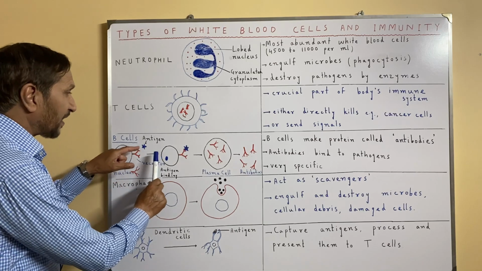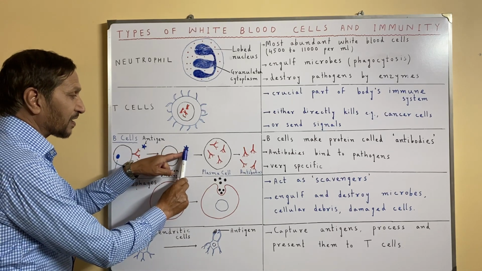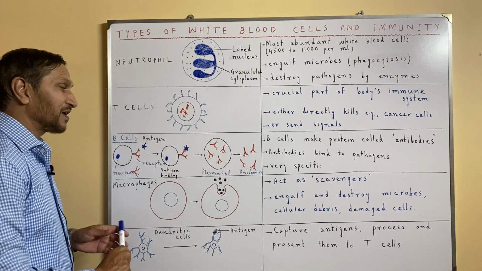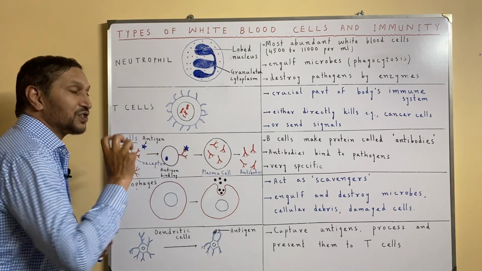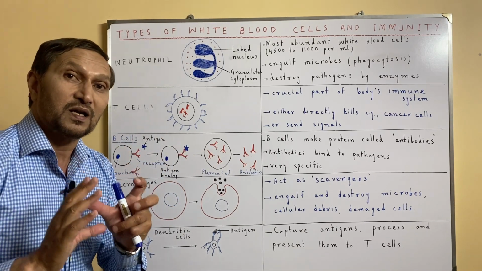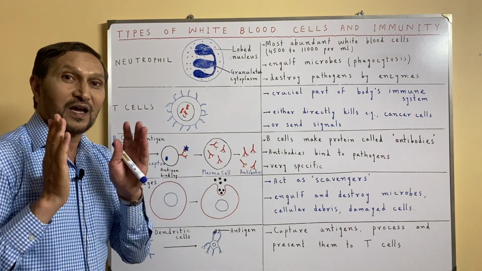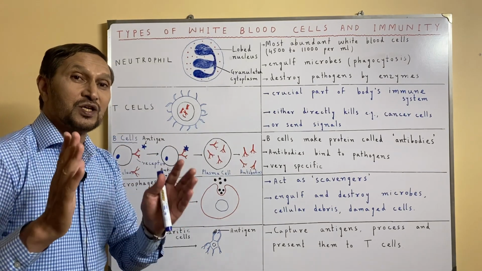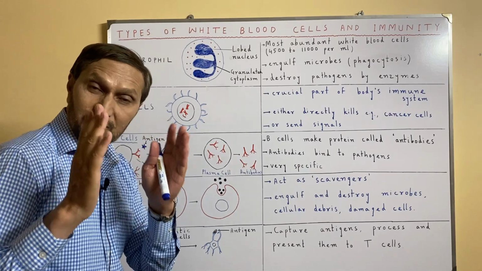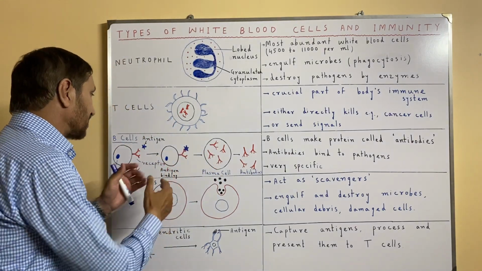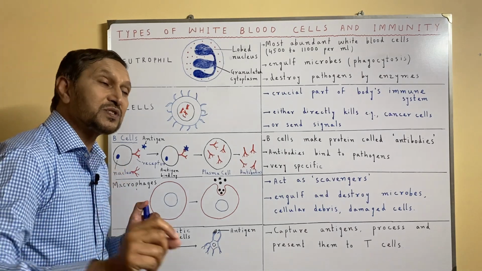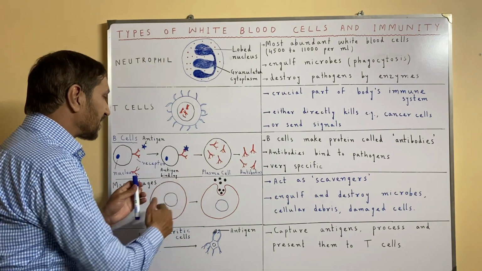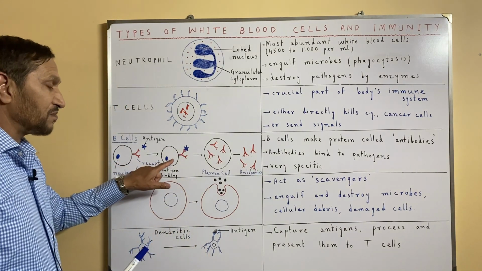For example, this antigen combines with the receptor and it gets blocked. Now it is inactive. It cannot divide, it cannot damage, it cannot attack our cells, because it has been blocked, arrested, frozen. This is the function of the B cells.